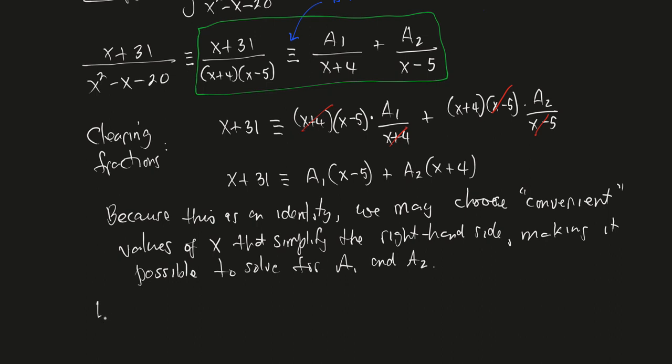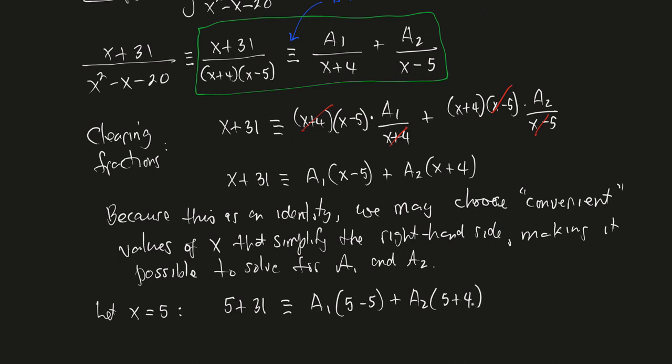So the first thing I'm going to do is let x equal 5. When I do that, the left-hand side becomes 36. In fact, let me go ahead and just write that in. So 5 plus 31, that has to be identical to a1 times 5 minus 5 plus a2 times 5 plus 4.